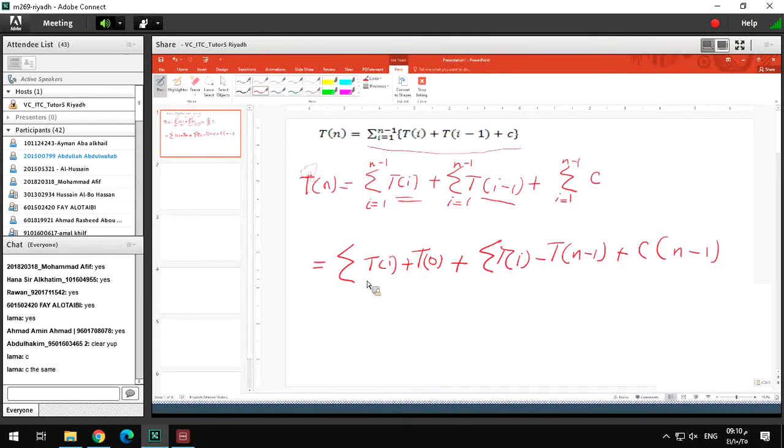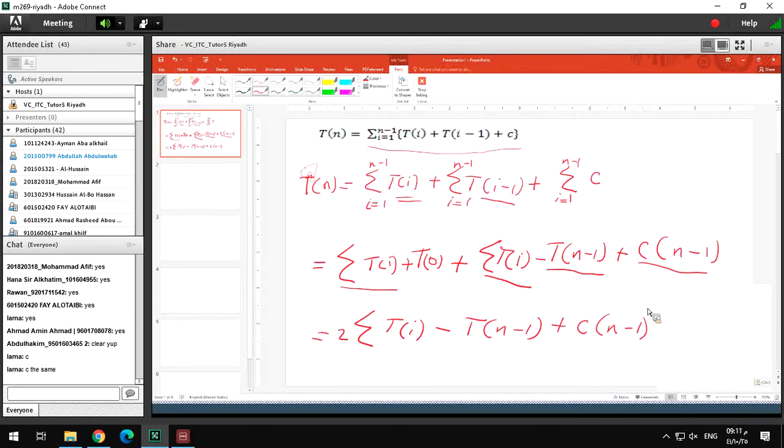So if you can see here, we have one Ti here and one Ti here. So in total, it is what? 2 summation of T of i, minus Tn minus 1, plus Cn minus 1, plus T0.